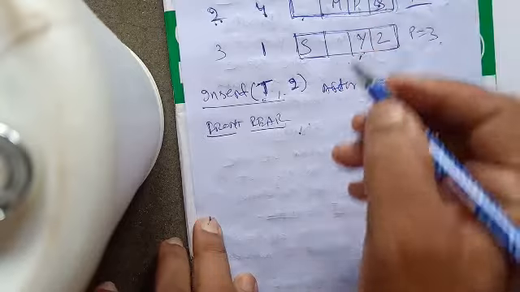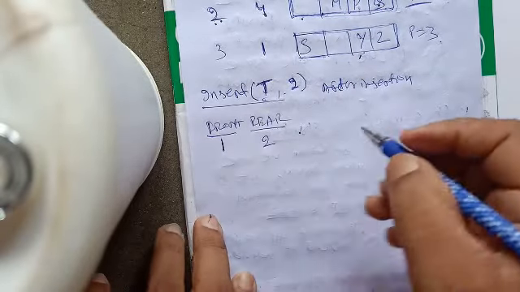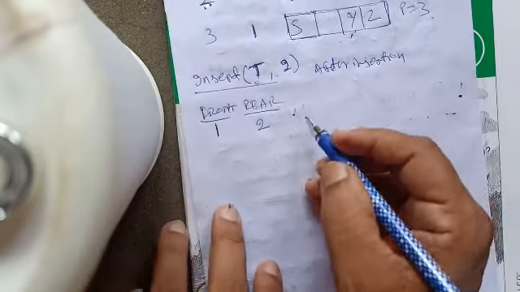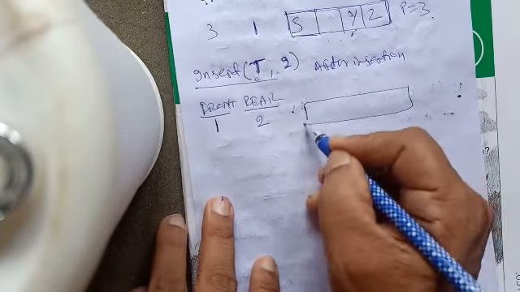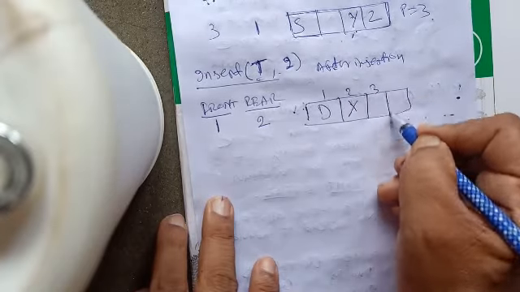For the first queue, the front is 1, rear is 2. For the second queue, first let me draw the queue structure. D, X, 1, 2, 3, 4.